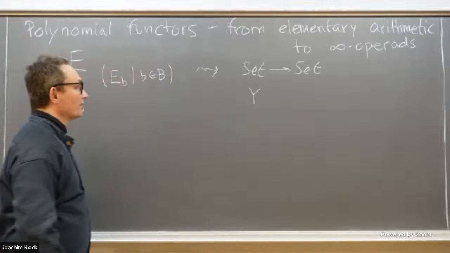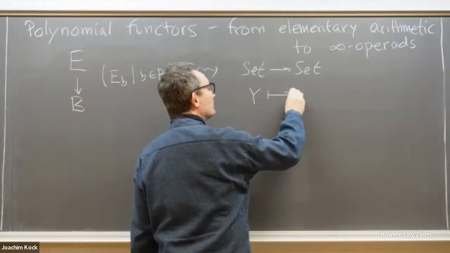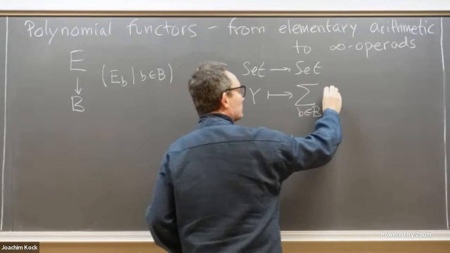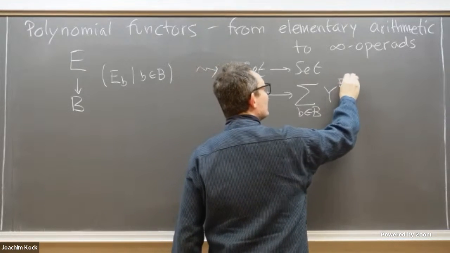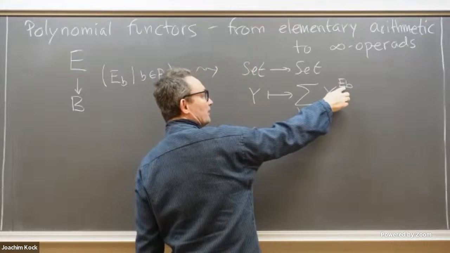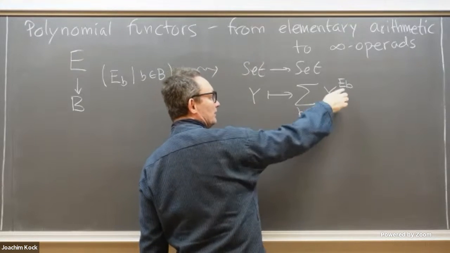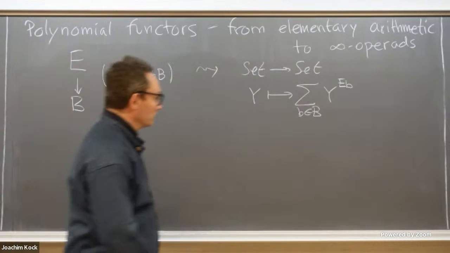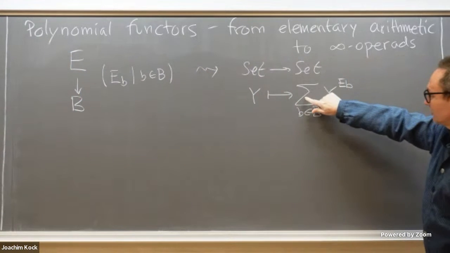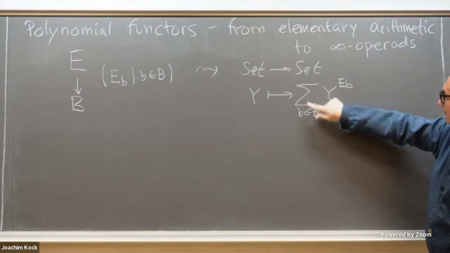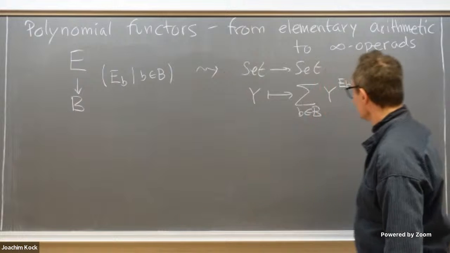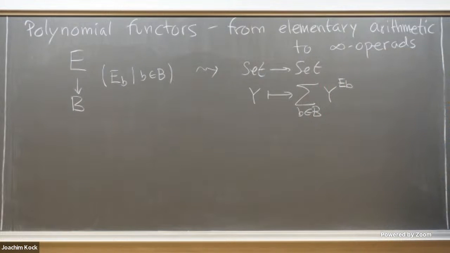So from this data, we construct an endofunctor of the category of sets. It takes a set Y, we sum over the base, and then we take the hom spaces. So this is the hom space from the fiber over little b down to the variable set Y. Just to stress, this is disjoint union in the category of sets, indexed by the base here. And this is hom sets.